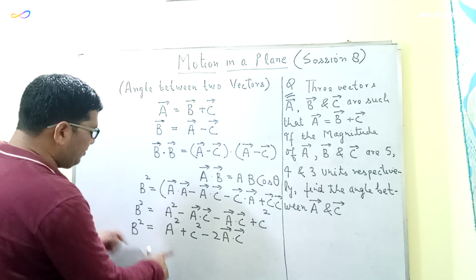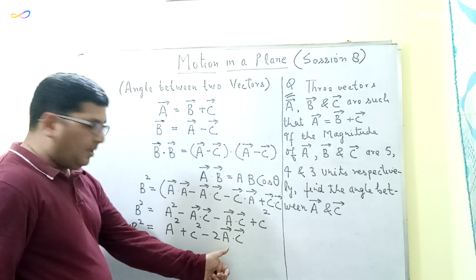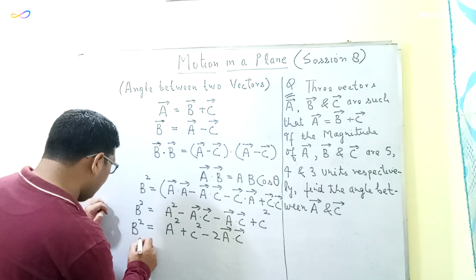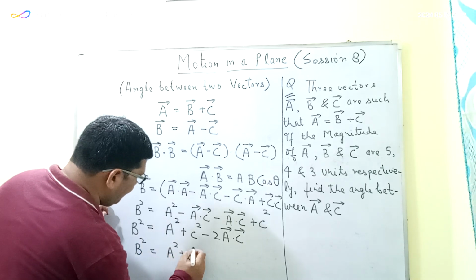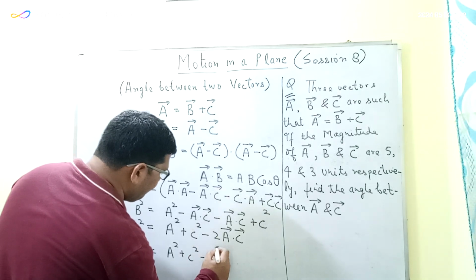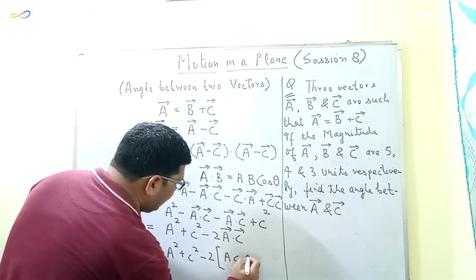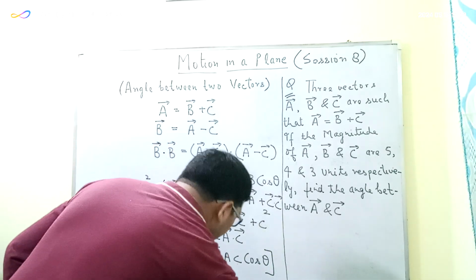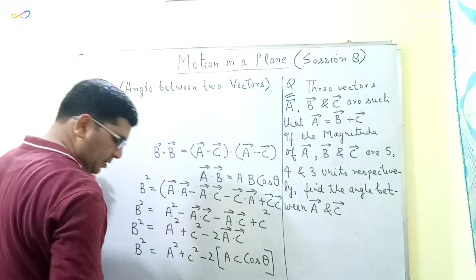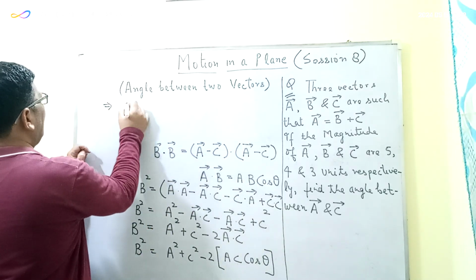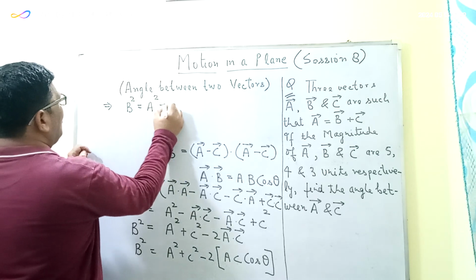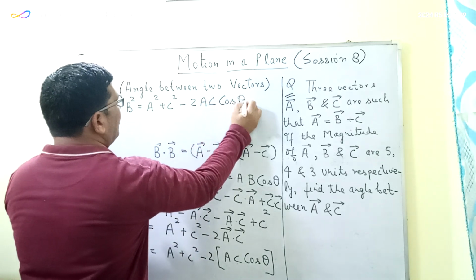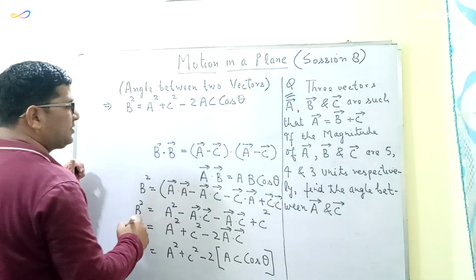So B square is equal to A square plus C square minus 2 times vector A dot vector C. Now vector A dot vector C can be written as AC cos theta, where theta is the angle between the vectors A and C. So finally what I have got is B square is equal to A square plus C square minus 2 AC cos theta.